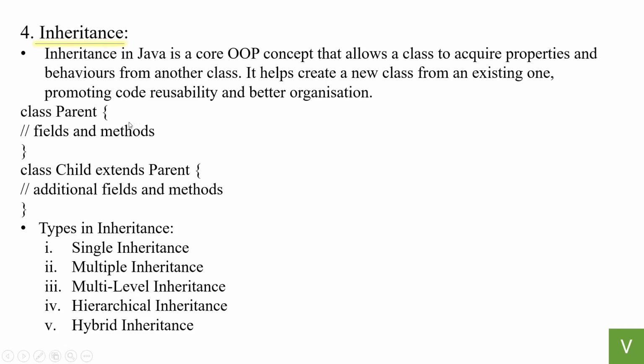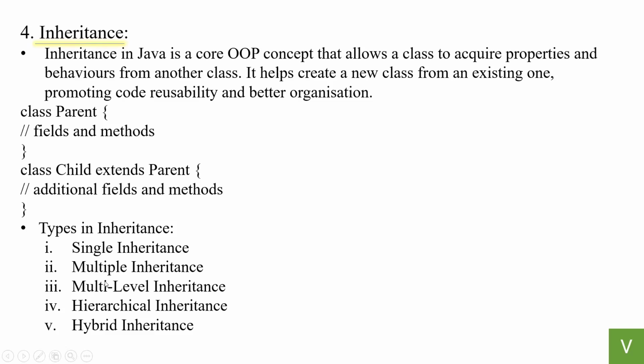So the structural format will be class parent, it is the main class; class child extends parent, that is it consists of the fields of the parent. Now another class child 2 extends child. So this is the structural format of multi-level inheritance.